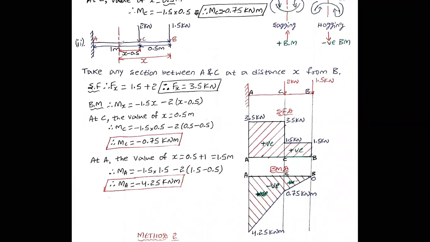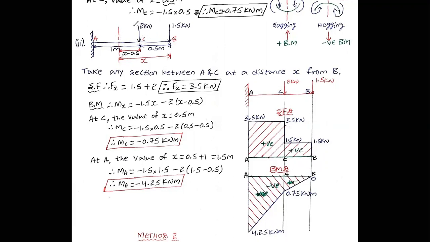Take any section between A and C at a distance x from B. Once again, I will repeat: you have to find the shear force and bending moment in section AC. For that reason, you have to take a section at any point. Take any section between A and C at a distance x from point B. Therefore, here I have taken a section.